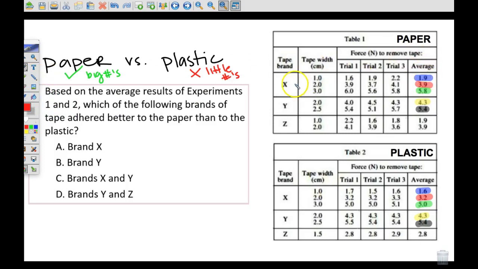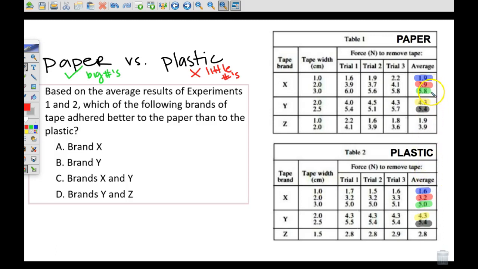So looking at brand X at 1 centimeter width, it had an average of 1.9 on paper versus 1.6 on plastic. At 2 centimeters, it had an average of 3.9 newtons on paper versus 3.2 on plastic.